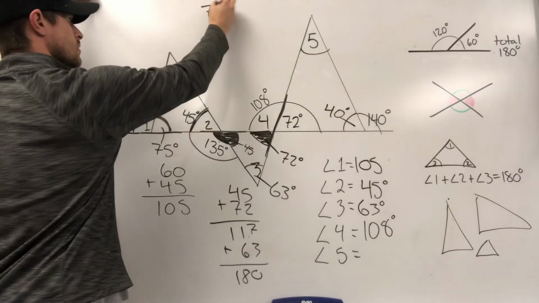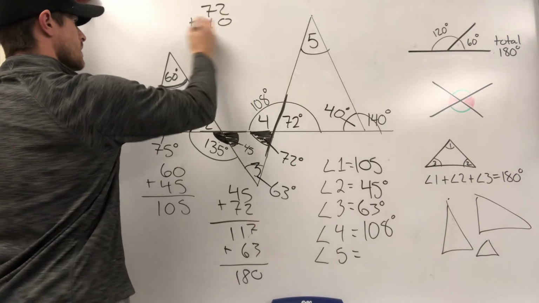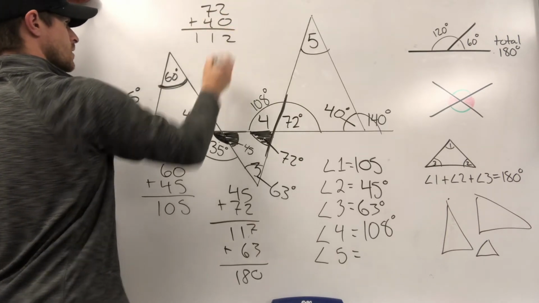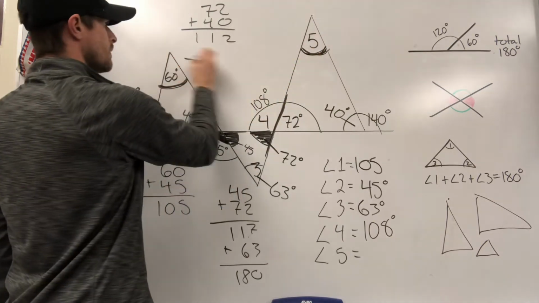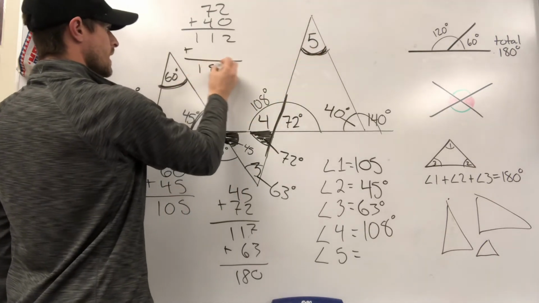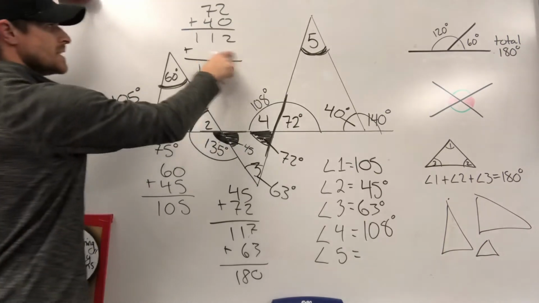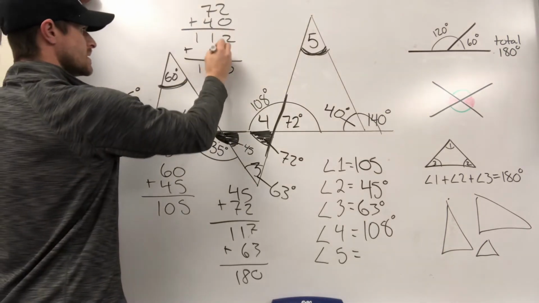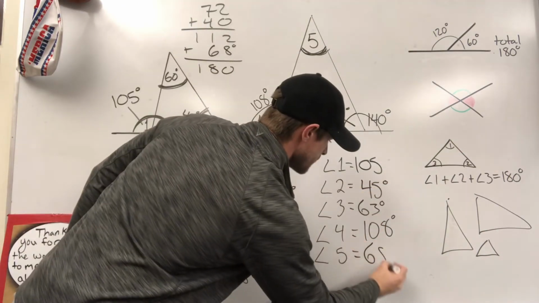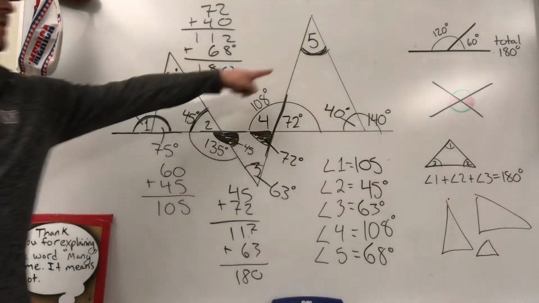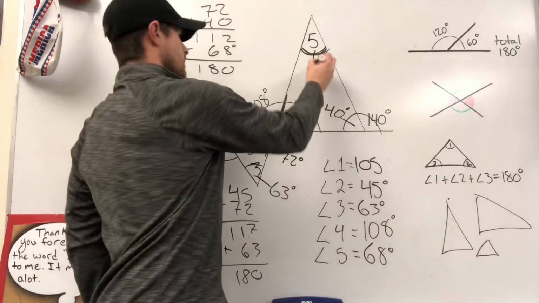So 72 plus 40 leaves me with 112, and I need to add whatever this is to make a total of 180. So 5 is what's missing here. It appears that we need 68 more degrees for angle 5 in order to make that a triangle.